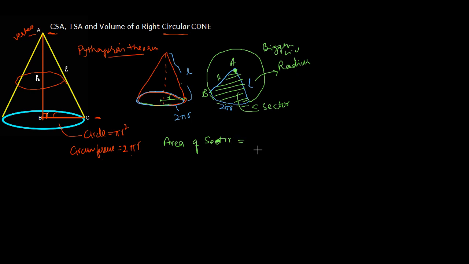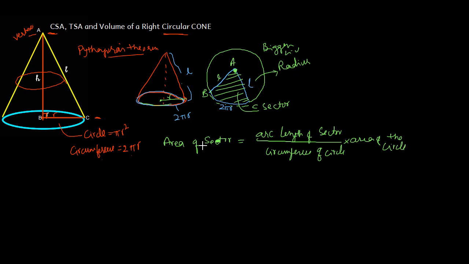So area of my sector is actually going to be arc length of sector divided by circumference of the bigger circle, multiplied by area of the circle. So area of this sector ABC: arc length, which is this length, which was the bottom circumference of the cone, which is 2 pi r, divided by circumference of the circle.